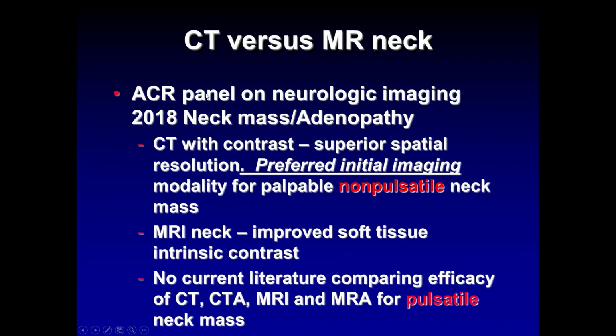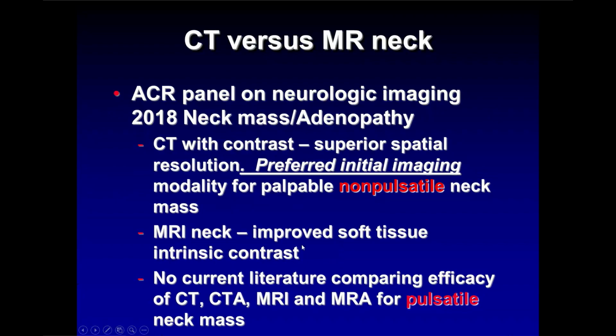So let's look a little bit closer at CT versus MR. The American College of Radiology panel on neurologic imaging in 2018 on adenopathy suggested that in a non-pulsatile mass, CT with contrast is the preferred initial imaging modality. MRI tends to have improved soft tissue contrast.